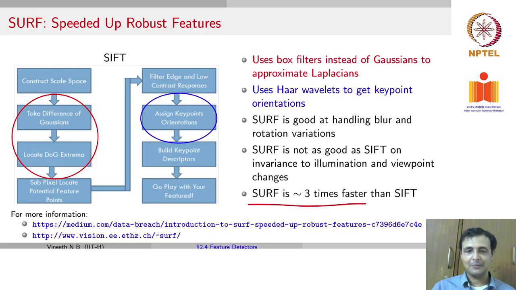There's a particular reason for that. Using Haar filters can make computations significantly faster. I'm going to leave that to you as a homework question. Please do read up why using Haar wavelets can make computations faster. A hint for you is to read up something called integral images.